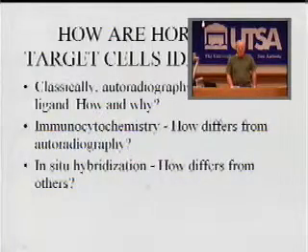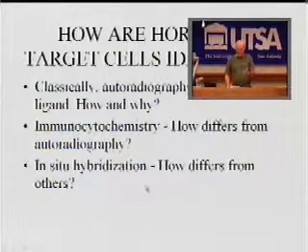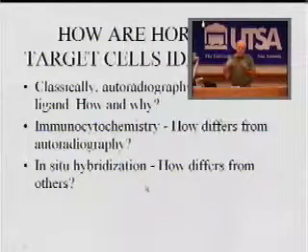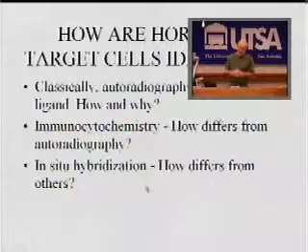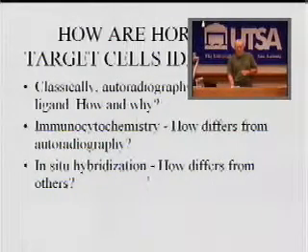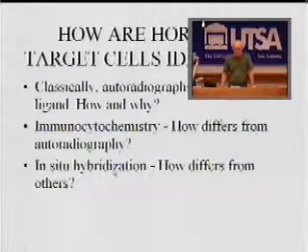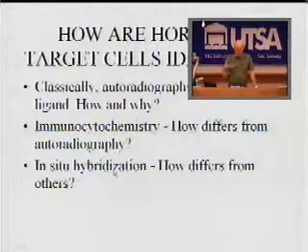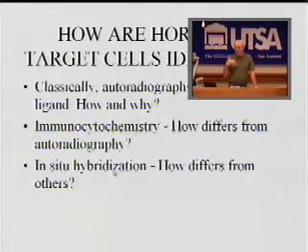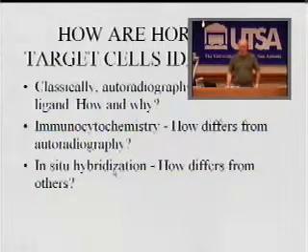In situ hybridization is another method we'll talk about. All of these are related to having one molecule that can bind to a molecule of interest in the tissue, and you can somehow visualize it. Hybridization makes us think that it's a DNA or RNA, and indeed it is a hybridization of either cDNA to the messenger RNA in the cells, or cRNA to the RNA and messenger RNA in the cells.